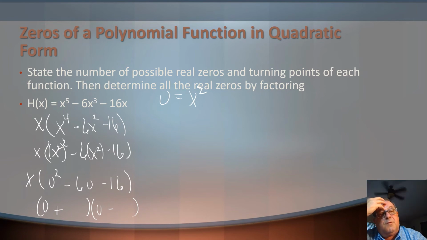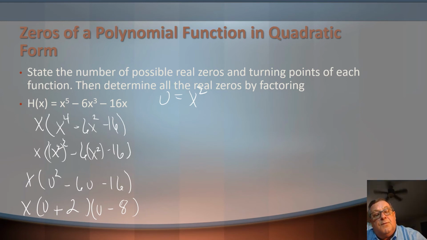Just run through a progression: 1 and 16, 2 and 8. 2 and 8 looks pretty good. So 2 times 8 is 16, but I need a negative 6. Well, how about a negative 8 and positive 2? And still got the x out here.